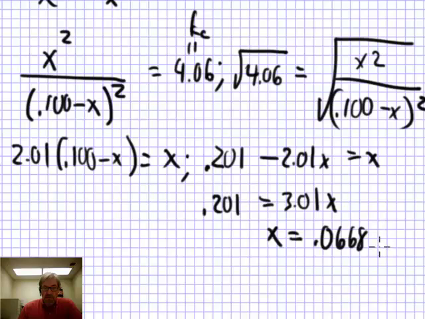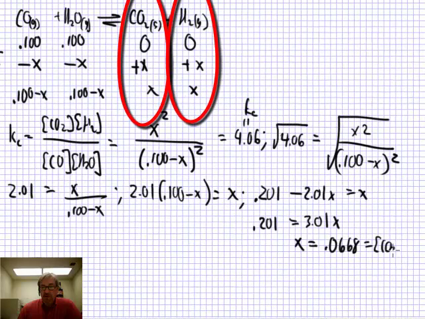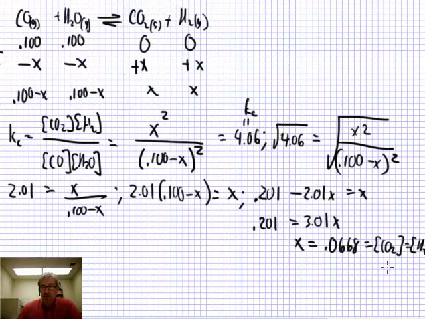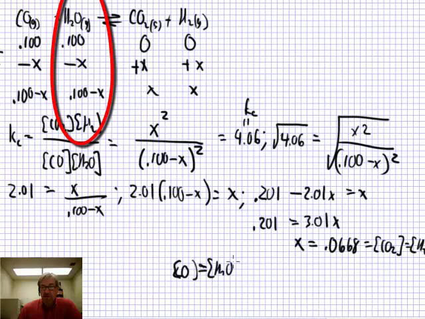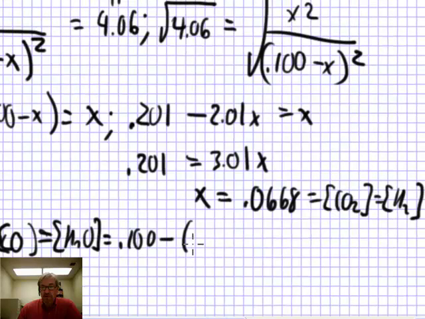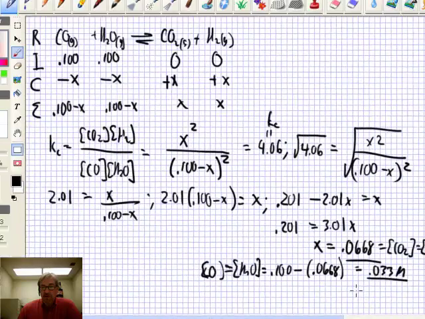So my concentration of CO2 and my concentration of H2 are both 0.0668 moles per liter, because x was their equilibrium concentration. The concentration of CO and the concentration of water were equal to 0.100 minus x, or minus 0.0668, now that we know what x is. And those work out to 0.033 molar.